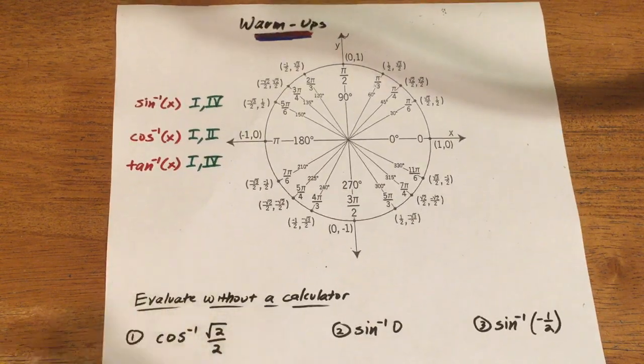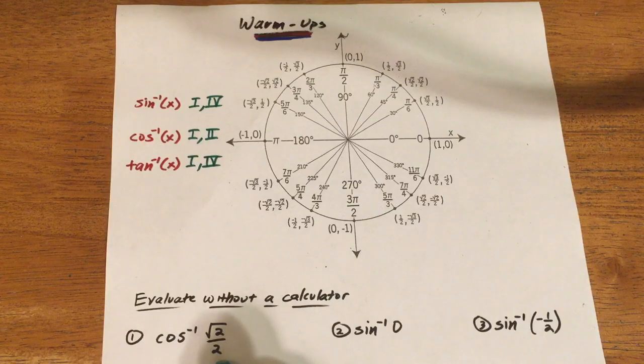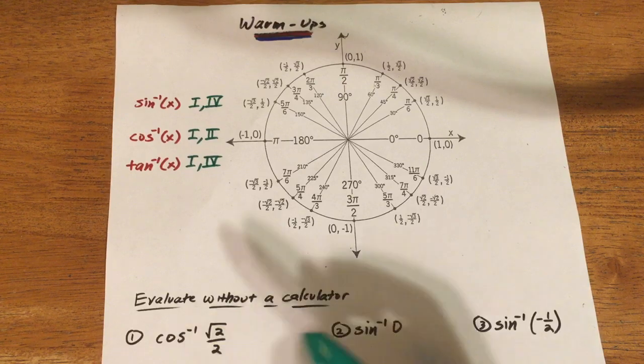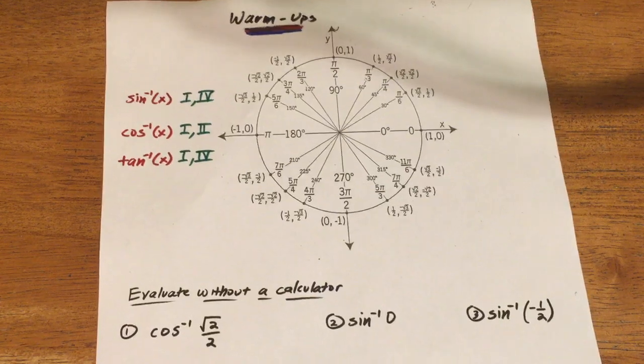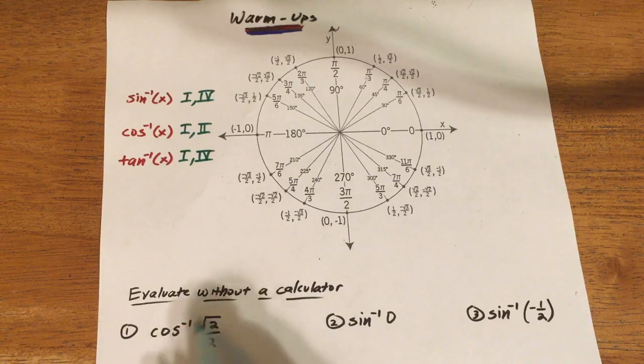With problem number 1, if we have the inverse cosine of square root of 2 over 2, hopefully you got an answer of pi over 4 or 45 degrees. Let's take a look. For inverse cosine of square root of 2 over 2, what do we do? Well, this time, instead of starting at an angle, we're going to find square root of 2 over 2.